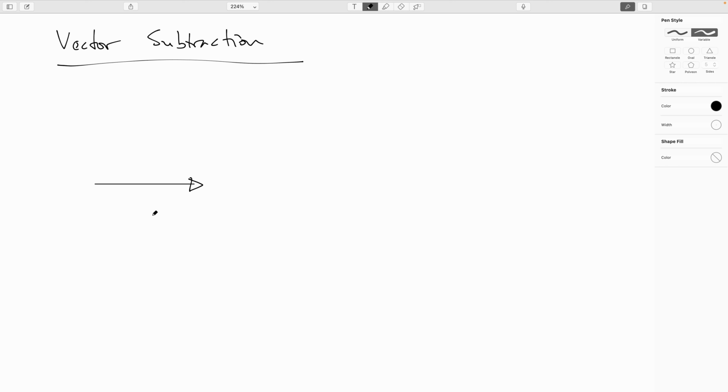So let's say this is my vector A here, like so. And this is my vector B, let's say, like so. And what I'm interested in is finding out what A minus B is. Let's say these are two positions, and I want to get the displacement, for instance.